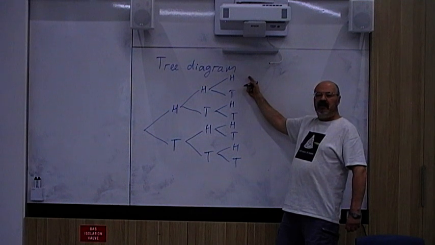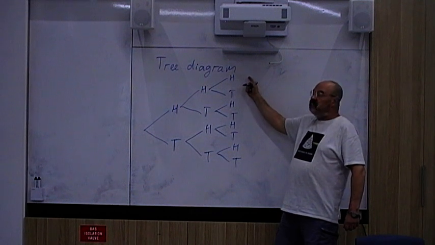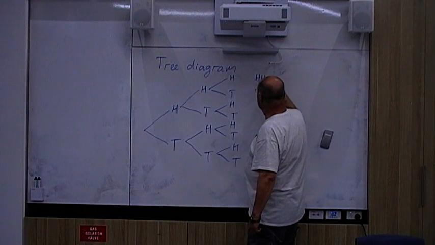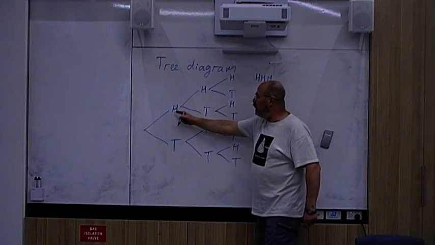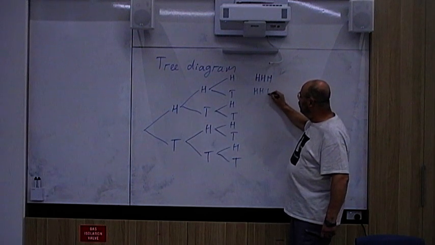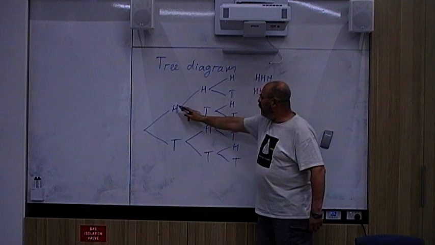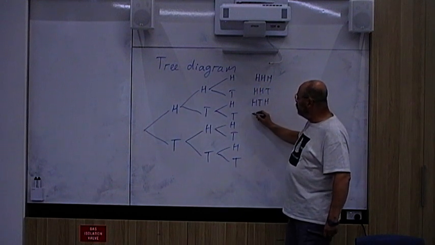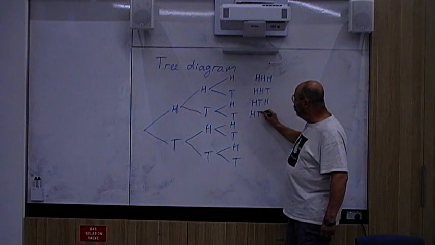We get 3 heads. Head, head, head. If we go this way, head, head, and then tail, we get head, head, tail. Head, tail, head. So in this way, we can represent all possible outcomes.